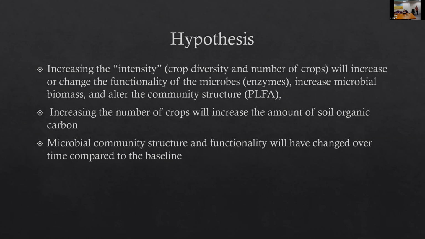And that's related to the increase in soil carbon, we think would be related to increasing the number of crops. And also we think that perhaps the microbial community structure and functionality will change compared to the baseline over time. So comparing the treatments and then compare those to the baseline as well.